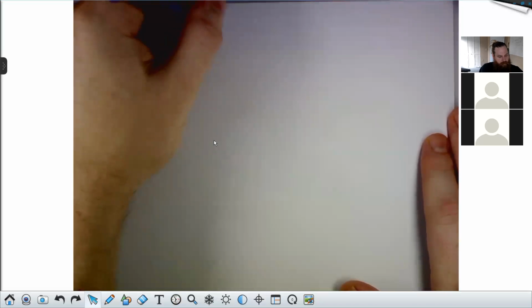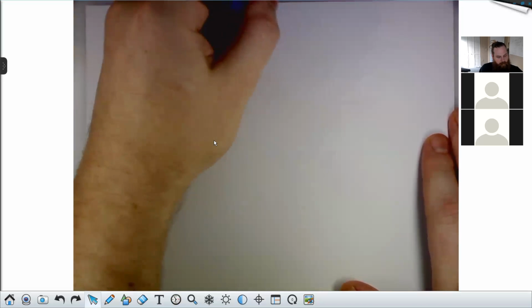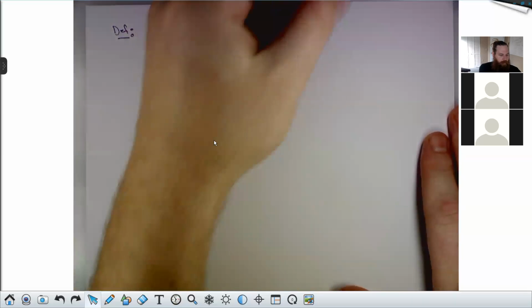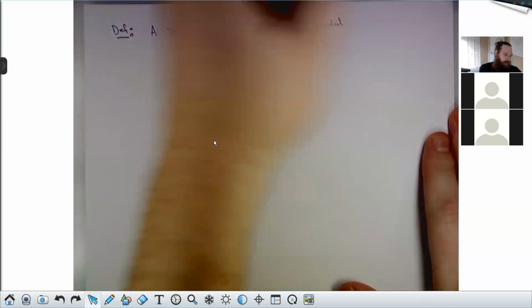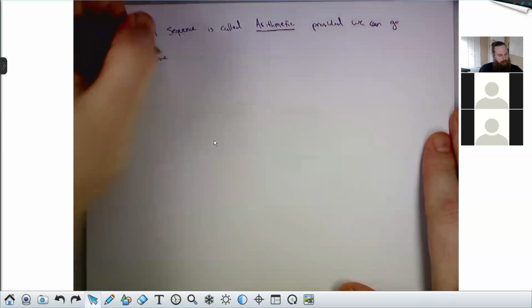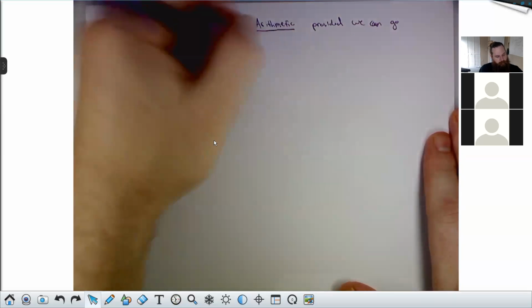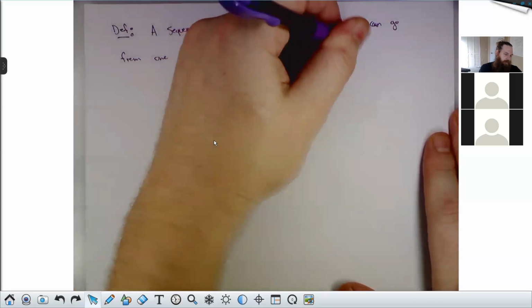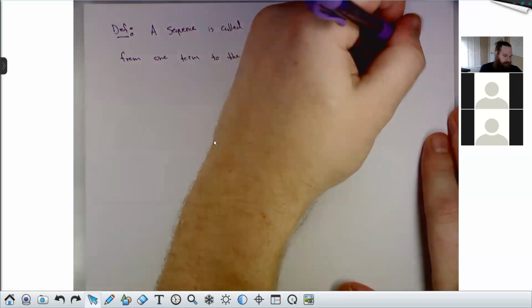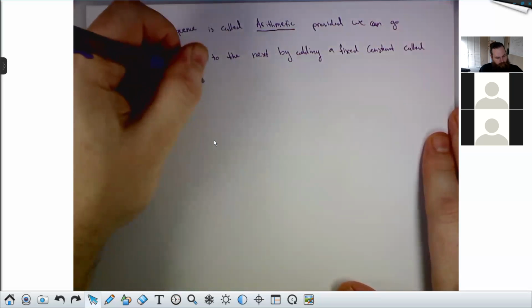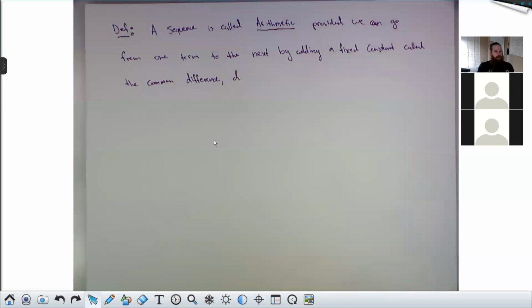All right. A sequence is called arithmetic, provided we can go from one term to the next by adding a fixed constant called the common difference, which is usually denoted by the letter little d.